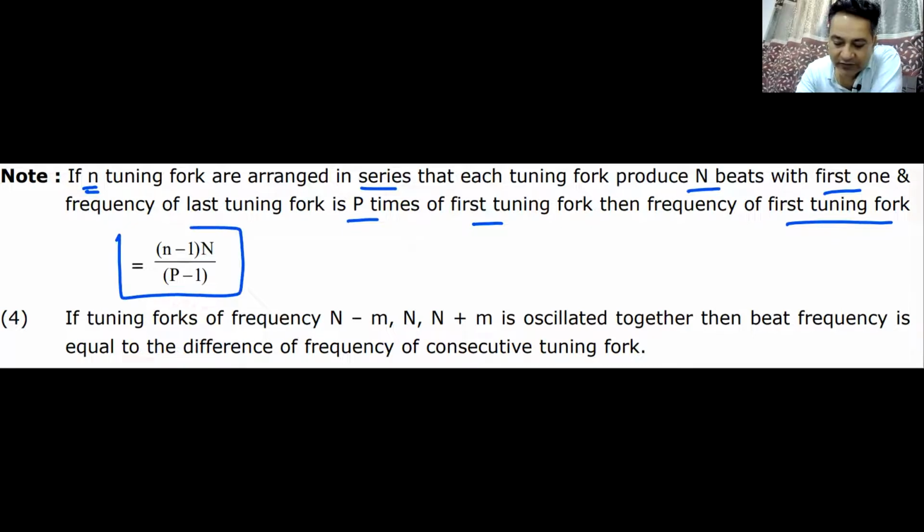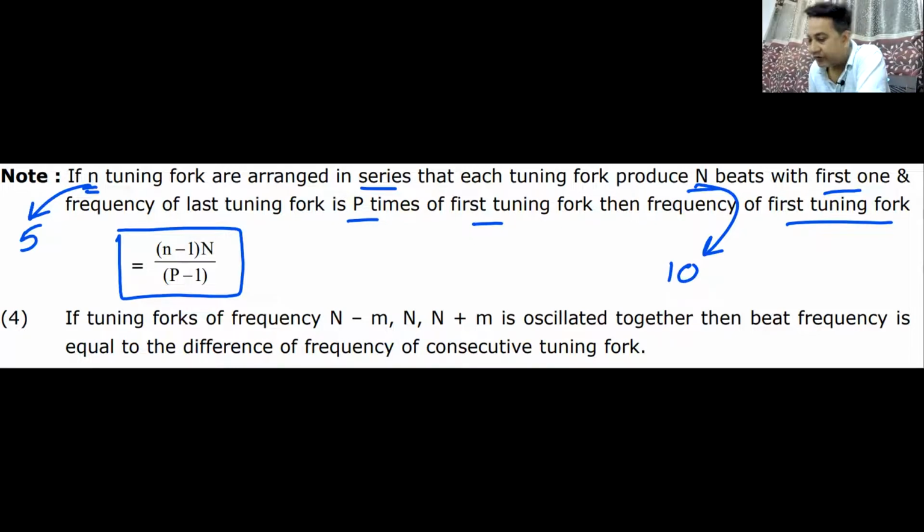Let us for example say there are 5 tuning forks, and they are producing 10 beats per second with the first one, and the frequency of the last one is 6 times the first one. Then what is the frequency of the first tuning fork? This is the answer. You can just remember it. Do we understand this?